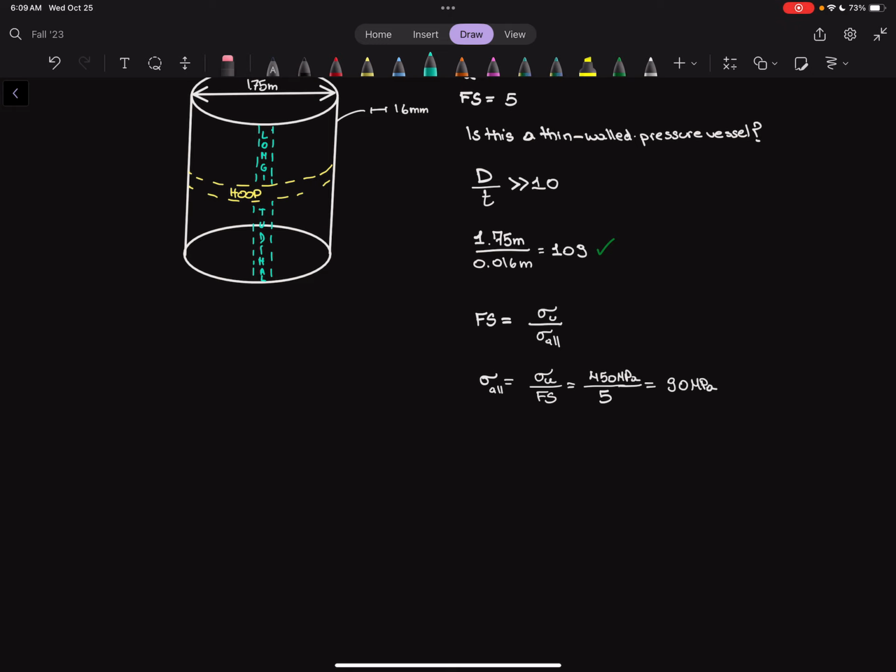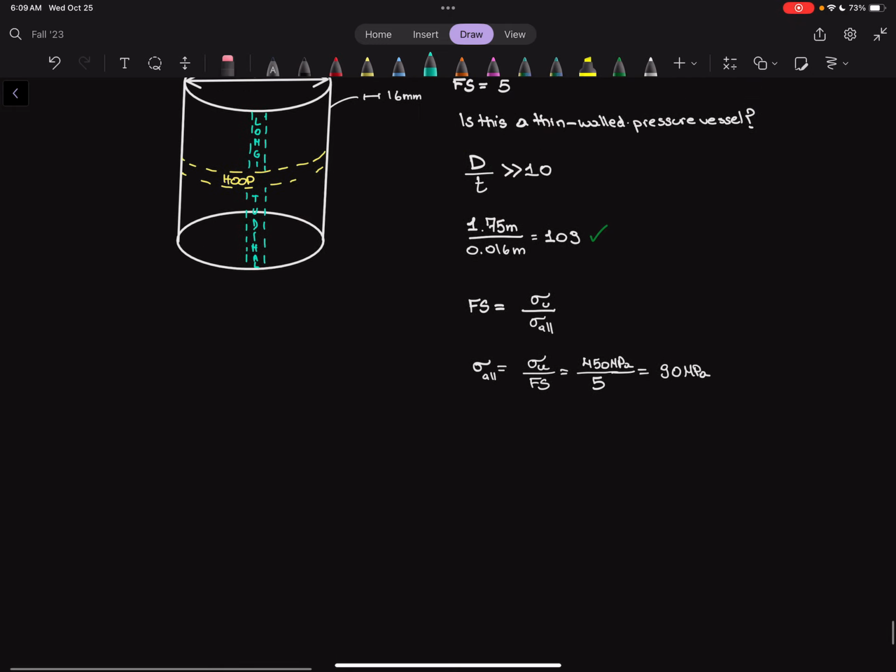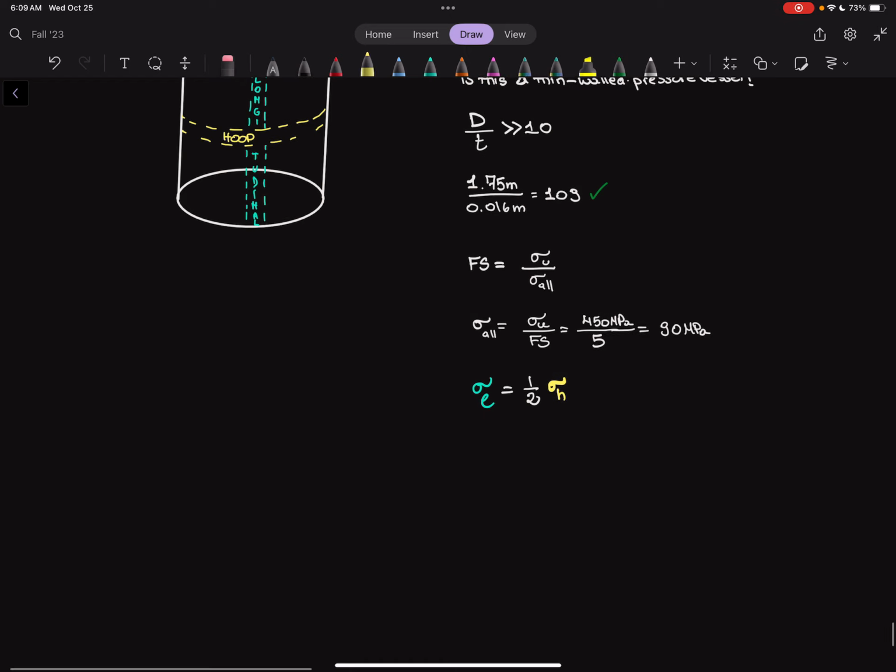That's a long word. Okay. And so sigma longitudinal is a half of the sigma hoop. So let's find sigma hoop.